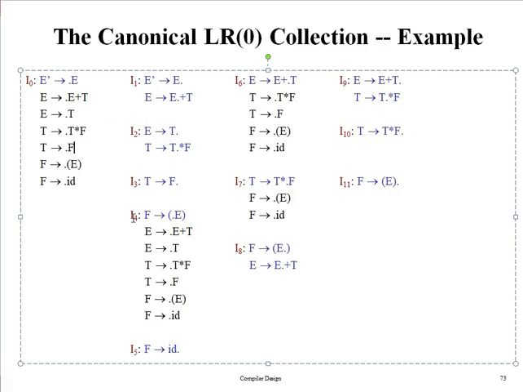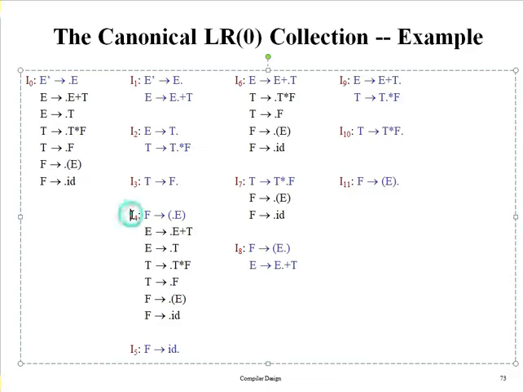And I4 is derived from I0 by applying goto of I0 comma opening bracket, and this I3 is derived by applying goto of I0 comma F. This I2 is derived by applying goto of I0 comma T. And I1 is derived from I0 by applying goto of I0 comma E.